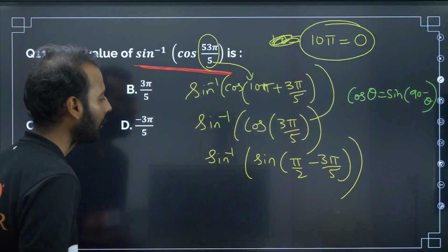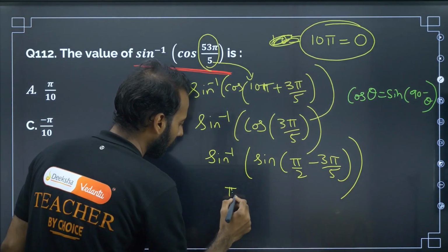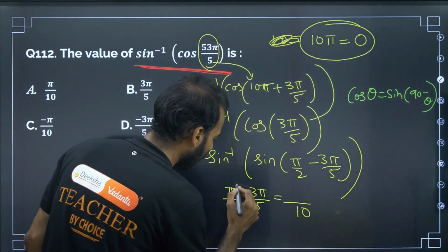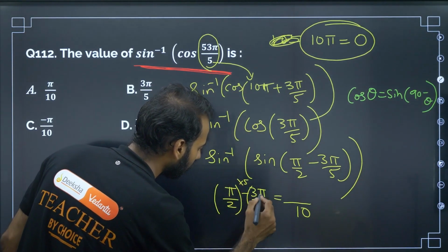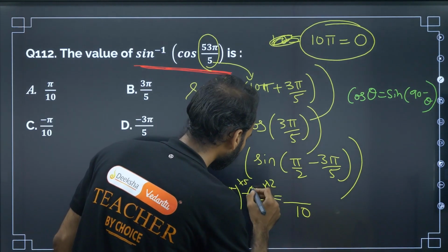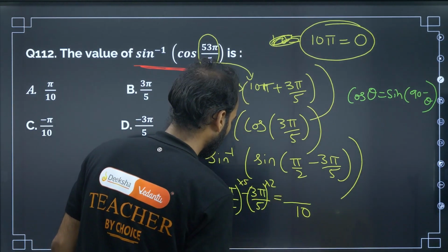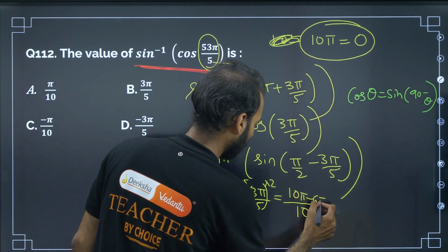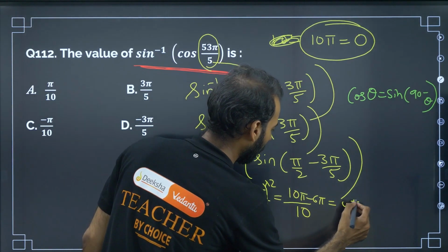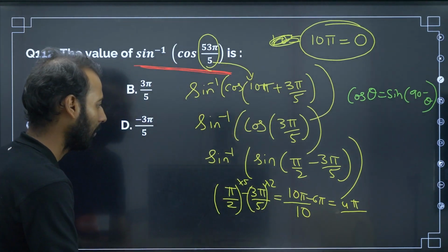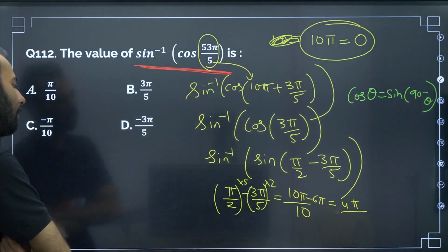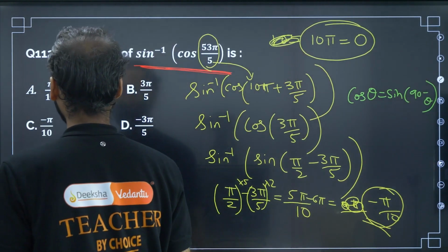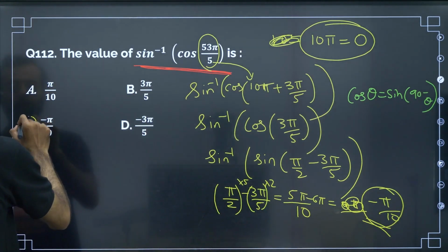So sine inverse of sine is the function pi by 2 minus 3 pi by 5. If I take LCM, it is 10. 10 pi minus 6 pi is 4 pi by 10... pi by 2 minus 3 pi by 5, LCM is 10, minus pi by 10. So is there any option like this, minus pi by 10? Yes, C is the answer.